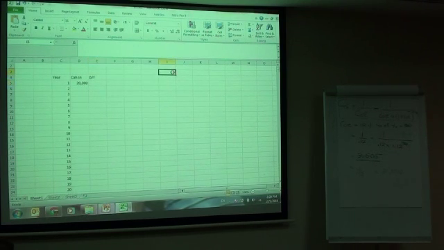Let me put the cost of capital here. Cost of capital, I'll put 12%. And then my discounting factor would be 1 divided by, open brackets, 1 plus cost of capital, to the power this.